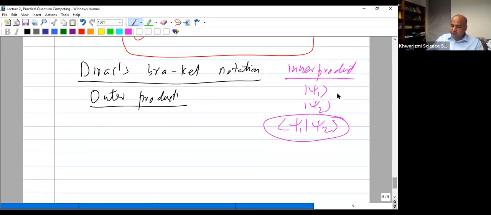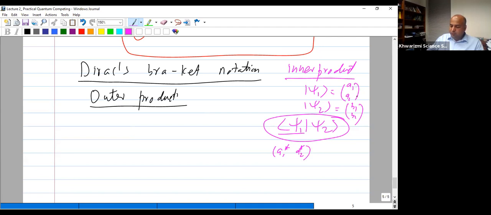For example, if the psi1 was a1 a2 and this psi2 was b1 b2, this inner product of psi1 and psi2 is that you first prepare a bra from psi1, and the bra from psi1 means that you take its complex conjugate transpose. So this becomes a1 star a2 star.